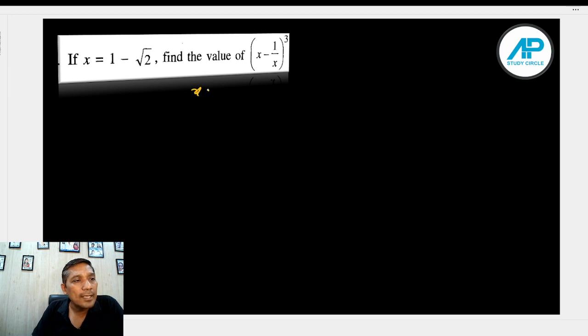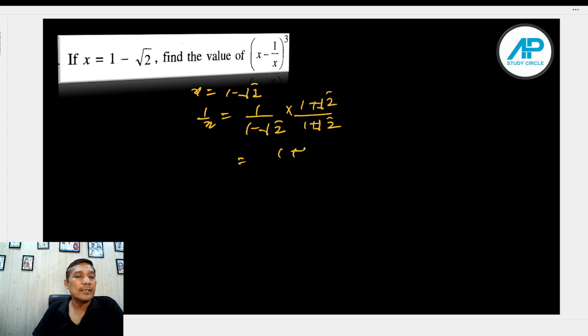So x equals 1 minus root 2. So 1 upon x equals 1 upon 1 minus root 2. Rationalize it.